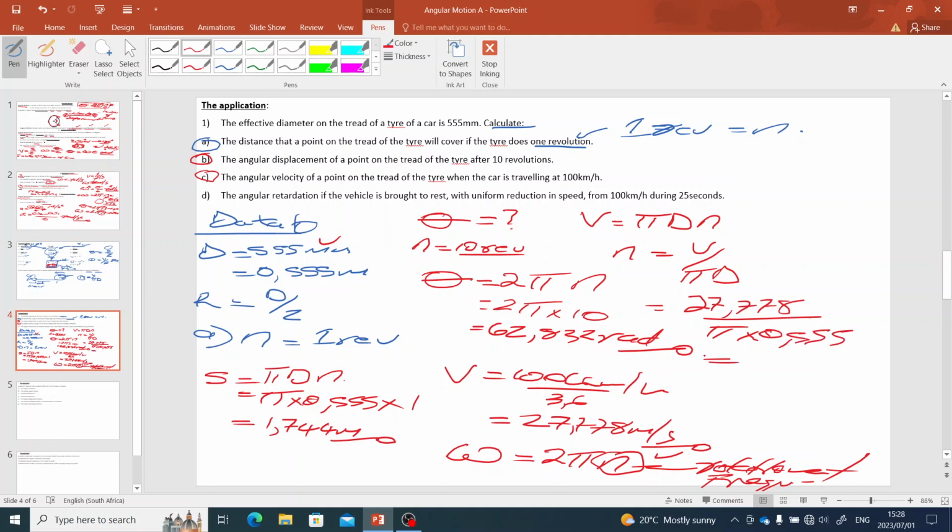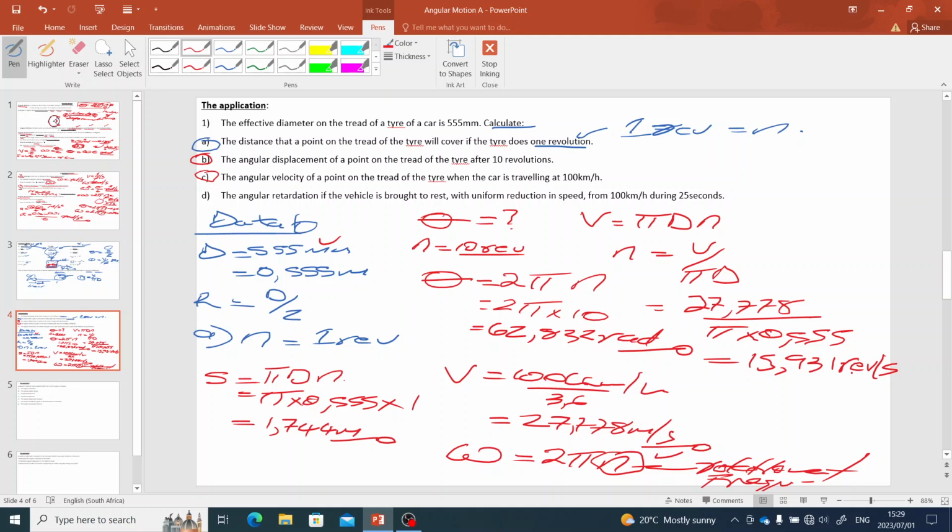Then I get my n. Divide by pi multiplied by 0.555. Now I get my answer as 15.931 rev per second.